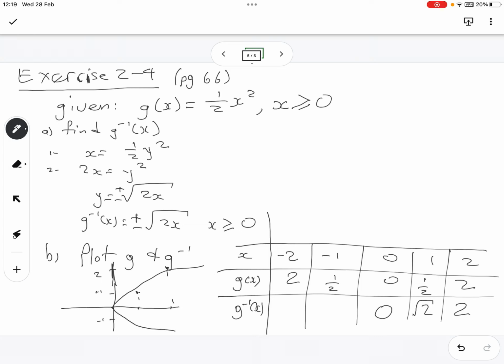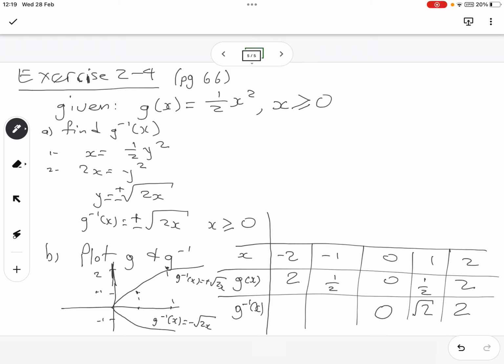What about this part here, the inverse, which is for g inverse of x is plus root 2x? We need it for negative root 2x. We need these values as well. Do you follow?